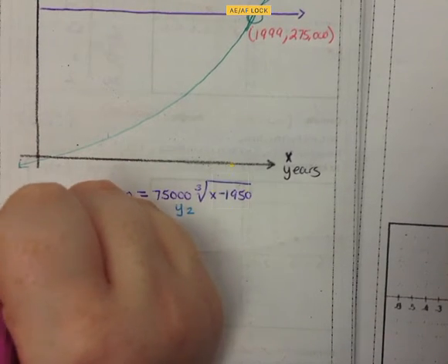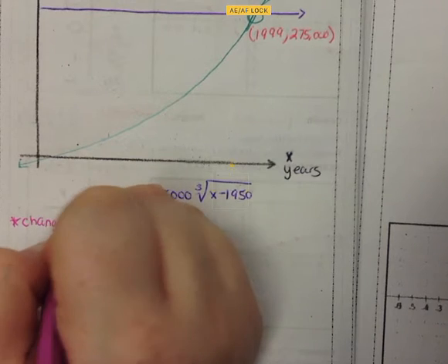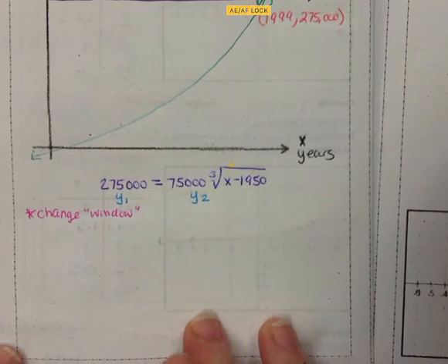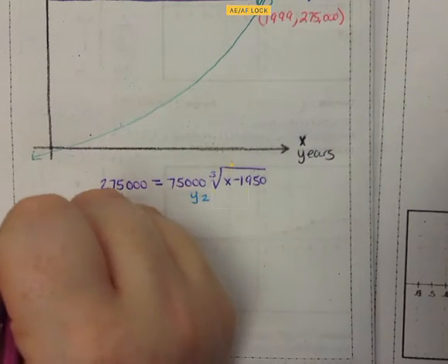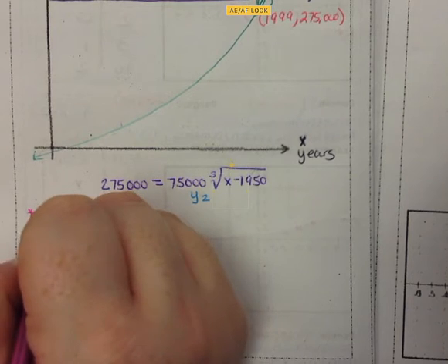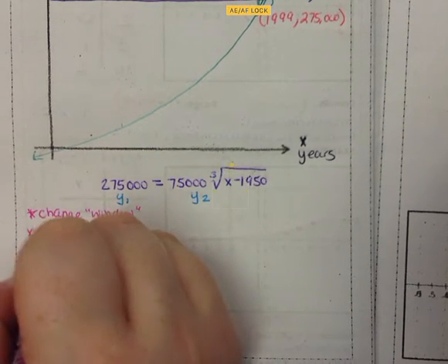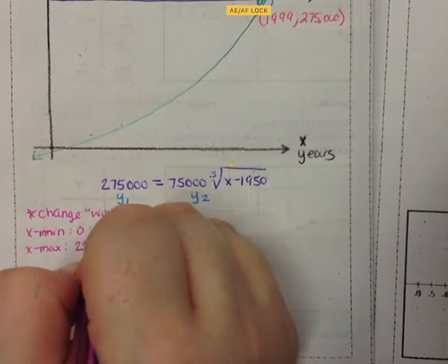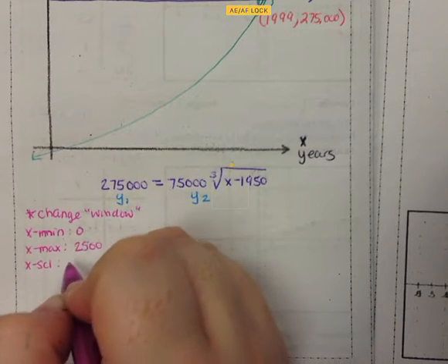So I'm going to put that note down here about the change of the window. Because if we didn't change the window, we would never have been able to see any of this. Our X minimum, the year, was 0. The X maximum for the year, we did about 2,500. The X scale, that's what we're counting by, we decided to count by 100.